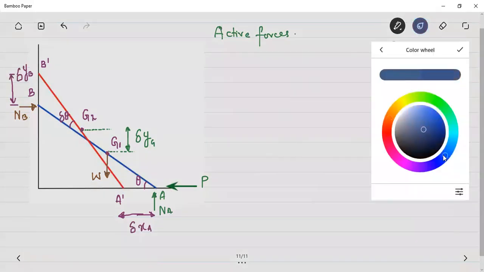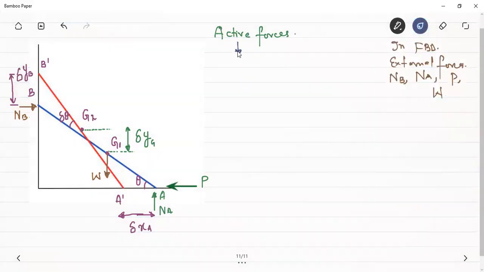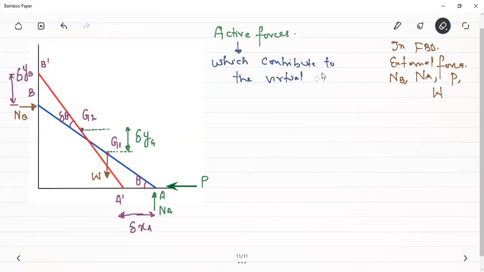What are these active forces which contribute to the virtual work? The active forces are those forces which contribute to the virtual work.